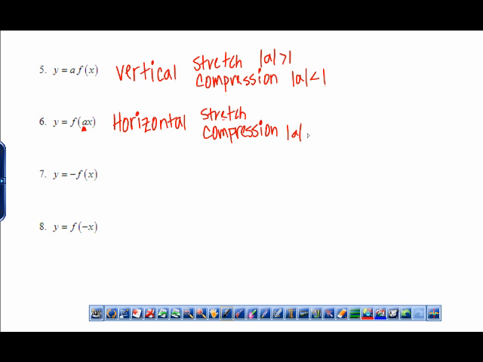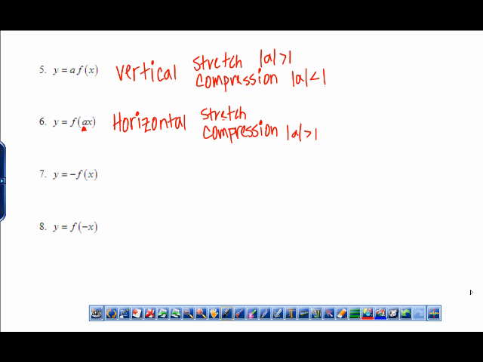This is a little hard to communicate over a video that's not actually videoing me, but I like to tell my students to imagine that they had built something out of Play-Doh, and if they vertically stretch it, it would make it taller, and that would then make it skinnier, which would be a horizontal compression.